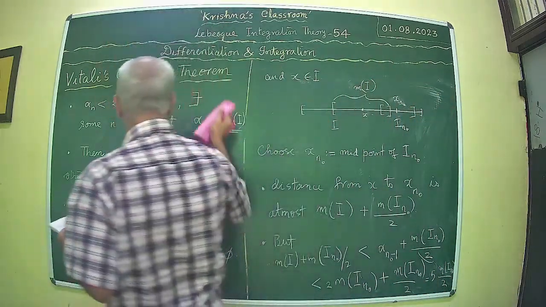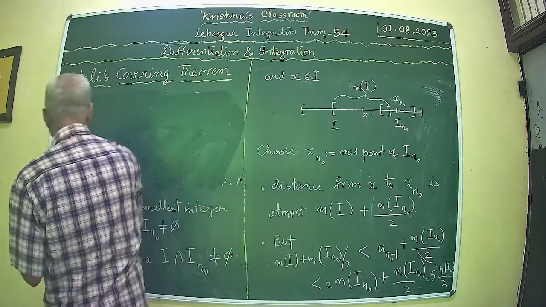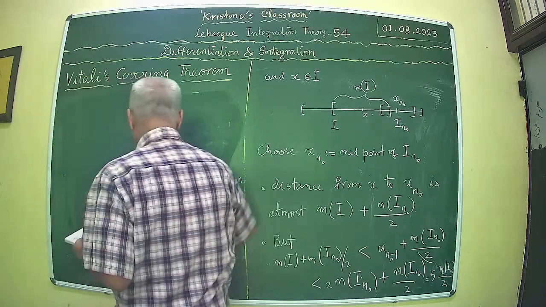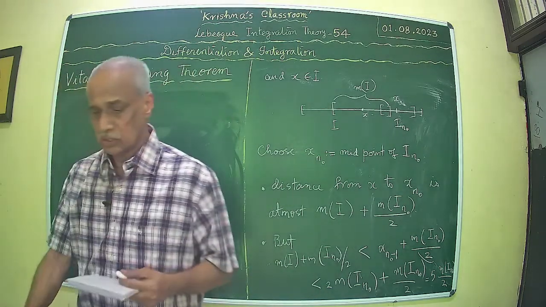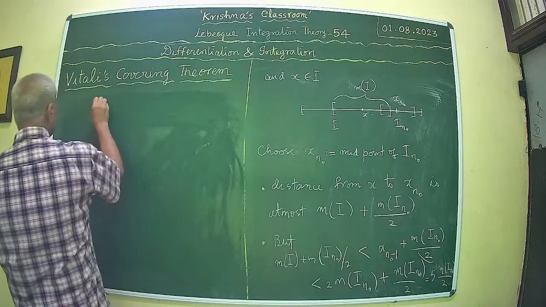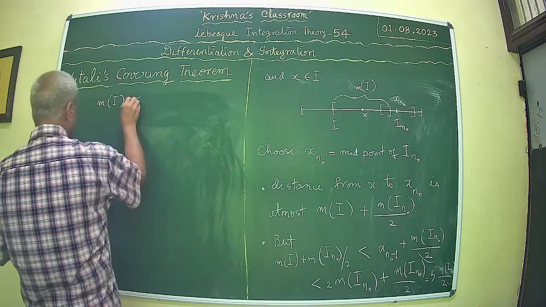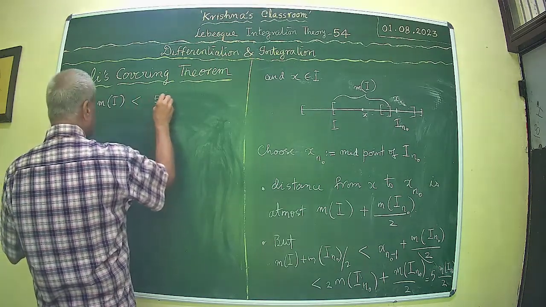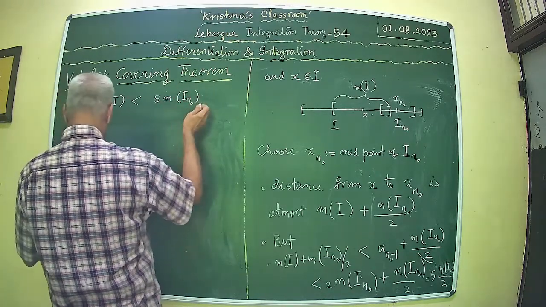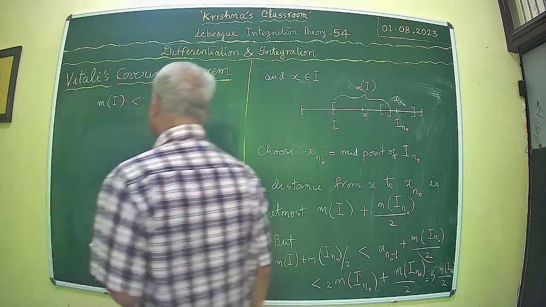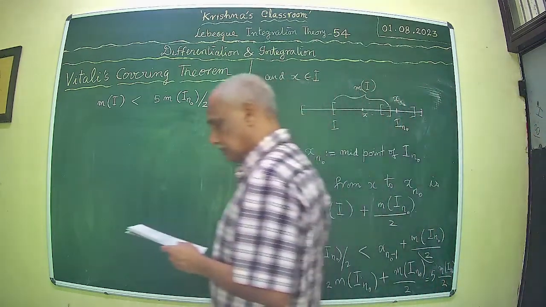So what we have obtained from the estimate is that measure of I is less than 5 times measure of I n naught, that means I has an intersection with I n naught in this case.